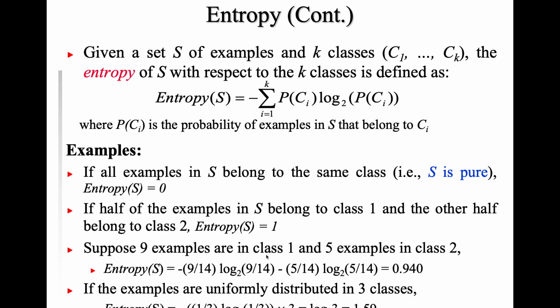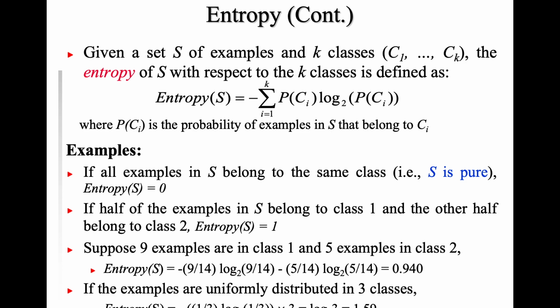Now, let's say we have 9 examples in class 1 and 5 examples in class 2. Then what is PC1?